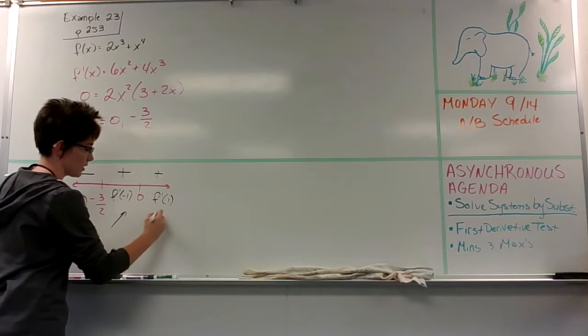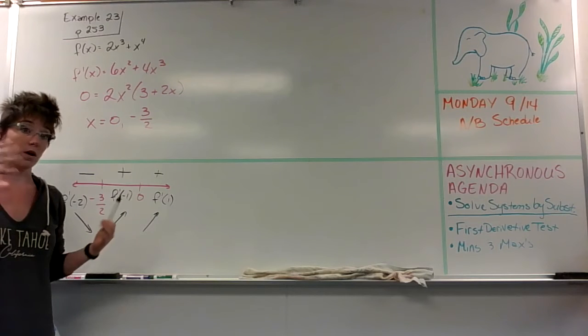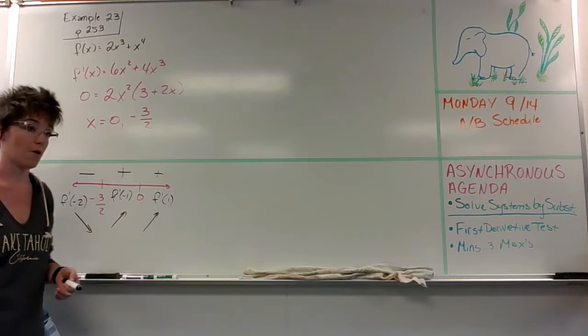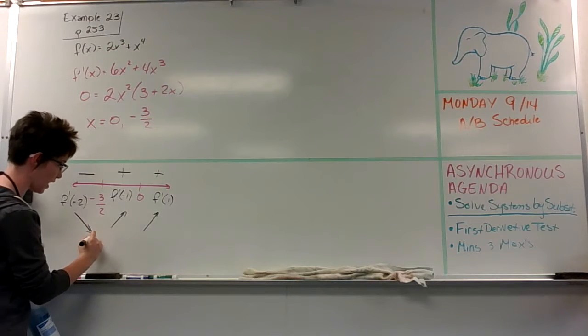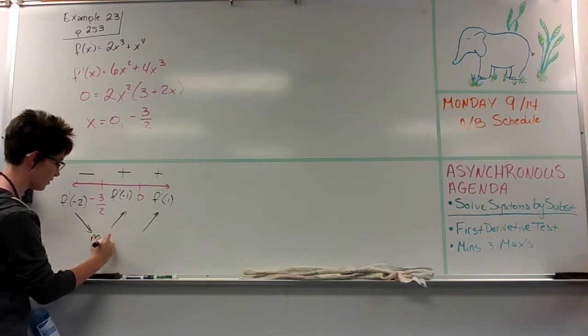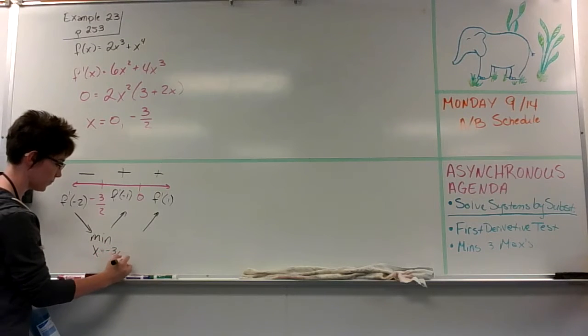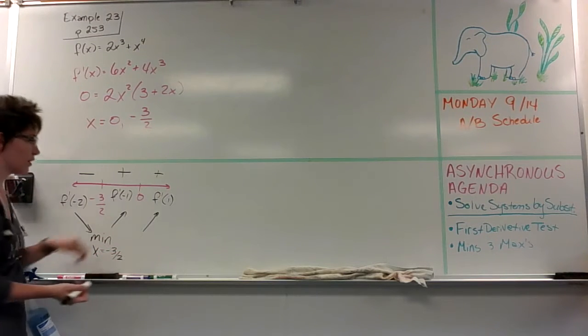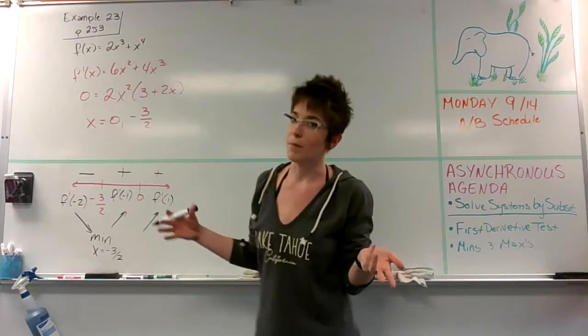So I've got positives twice here. And I want you thinking in your head already, what does my graph kind of look like right now? All right, so this guy has got to be a minimum point. So I've got a minimum when x is equal to negative 3 over 2. And then when x is 0, that's neither a max nor a min.